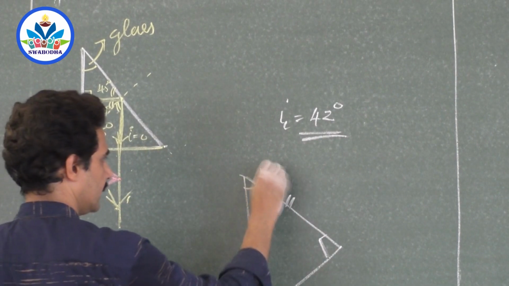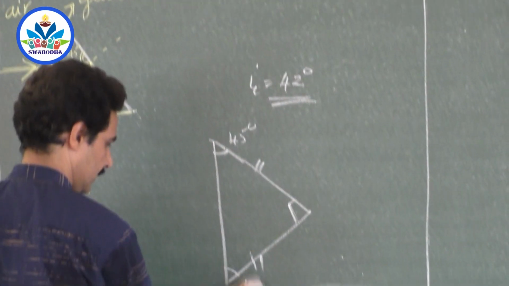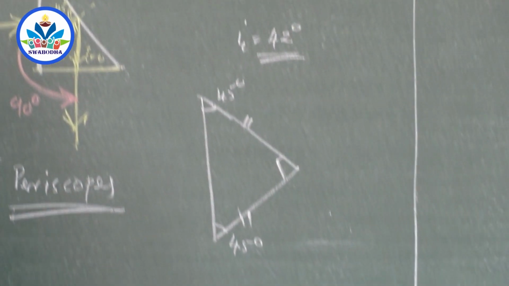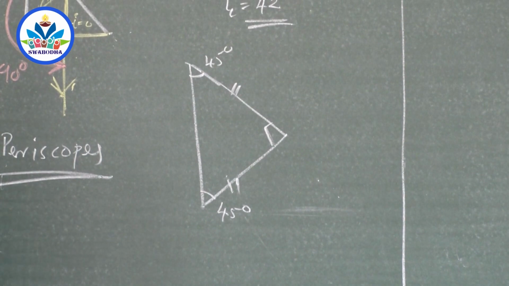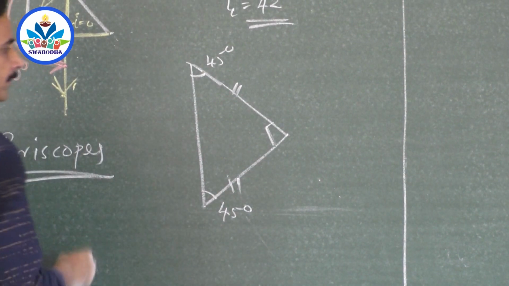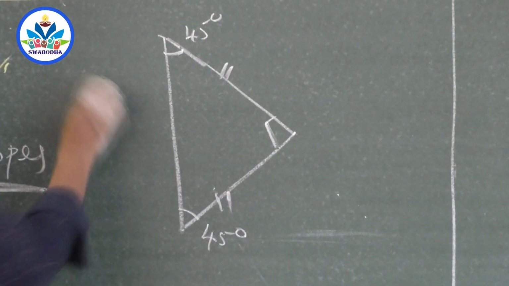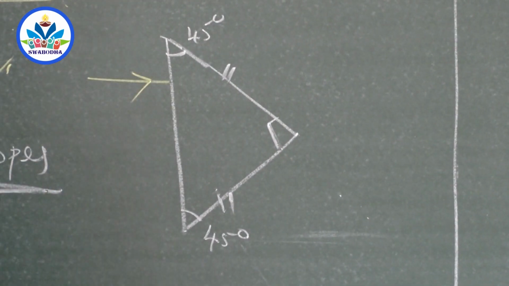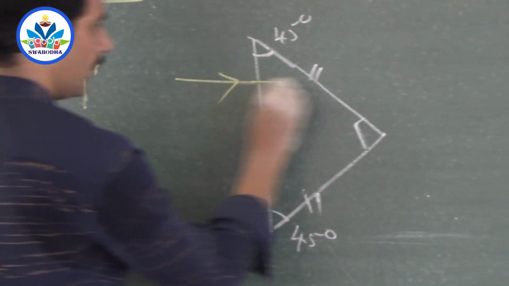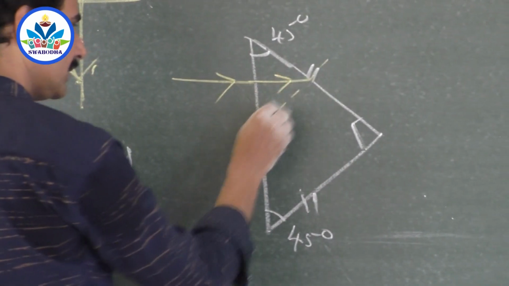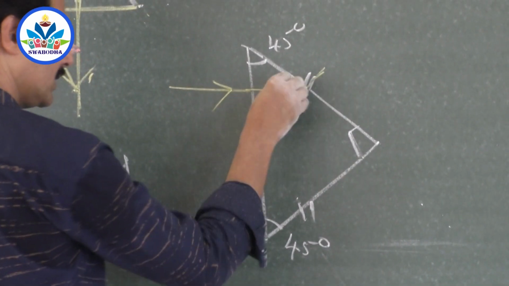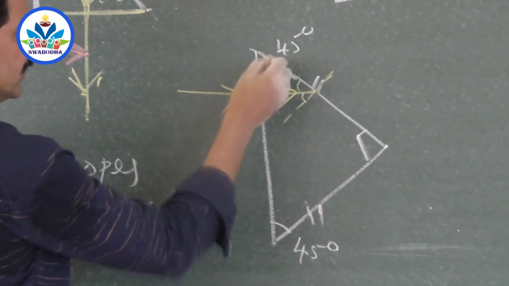This is 45 degrees and this is 45 degrees. So, the second application of total reflecting prisms. Take a prism whose two sides are equal and one angle is a right angle. A ray of light is incident on this face. No total internal reflection is possible, it falls on the other face. Here the angle of incidence is definitely 45 because this is 45, this is 90, this is 45.